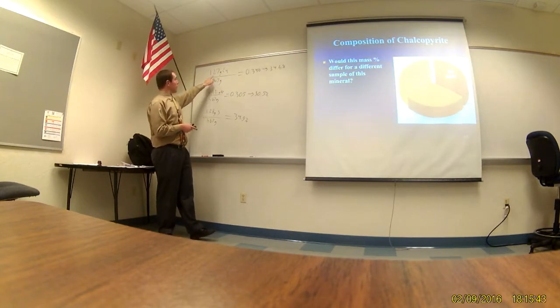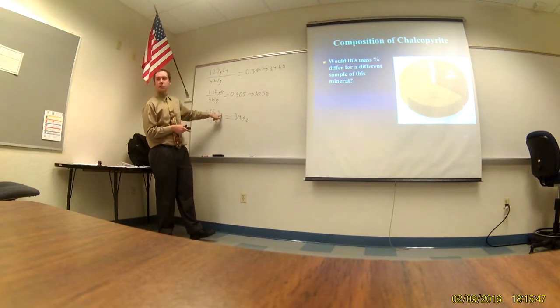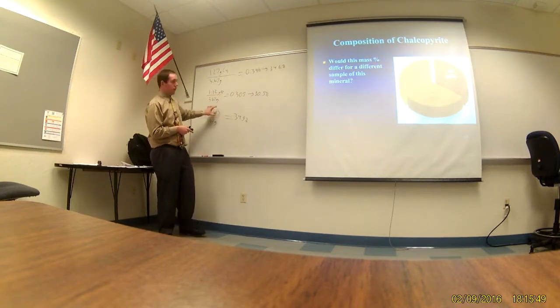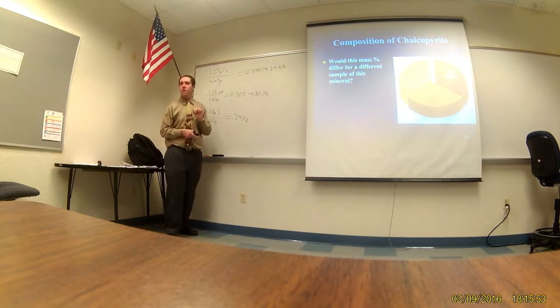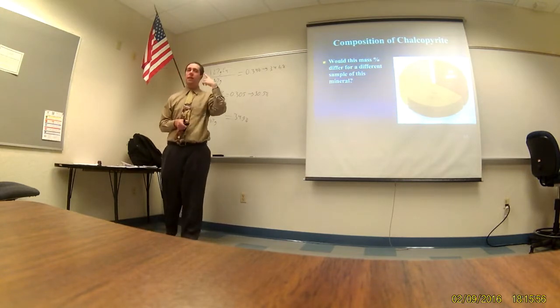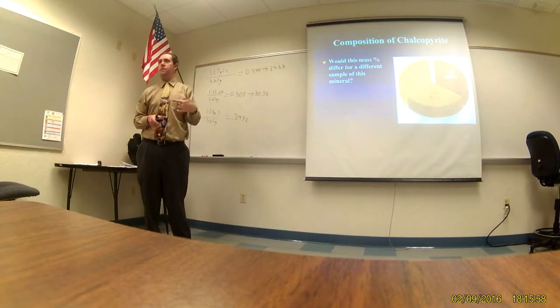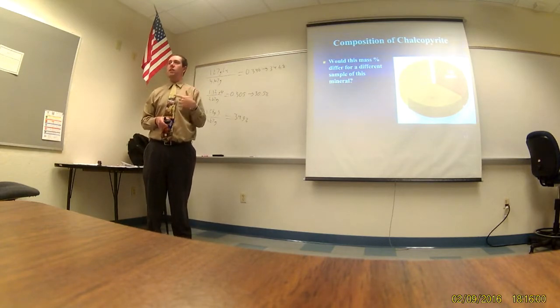But I'm also going to have twice as much copper, and twice as much iron, and twice as much sulfur. And so the fraction stays exactly the same. Mathematically, if I do the same thing to the top as I do to the bottom, the fraction doesn't change.